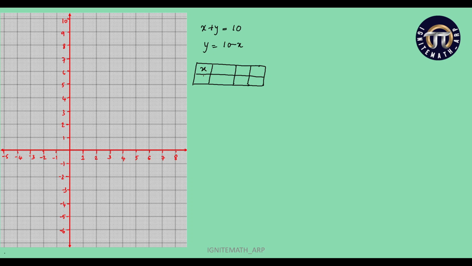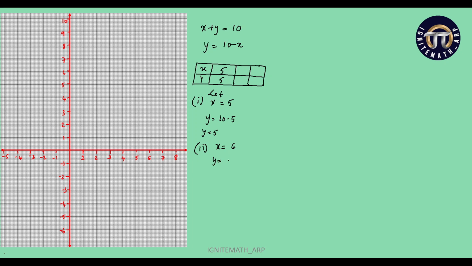So now let me take the first value of x, let x is equal to 5. Now let me find out the value of y. So y is equal to 10 minus 5, y is equal to 5 itself. So I'll get y is equal to 5. Second one is what? So x is equal to, I will take, say for example, 6.